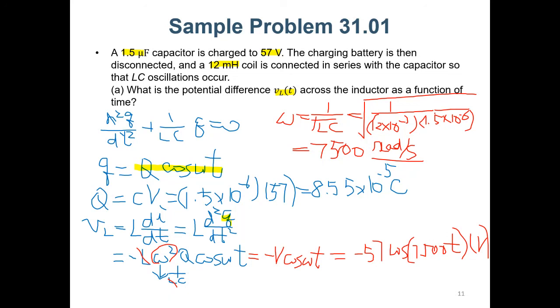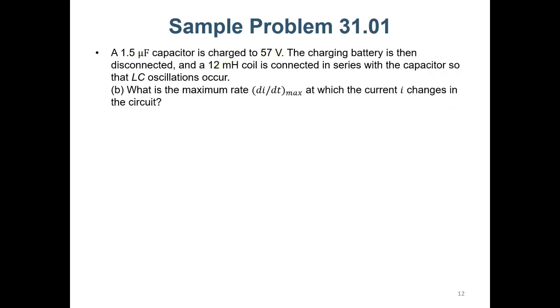So this is part A. For part B, what is the maximum rate of change of the current in the circuit?